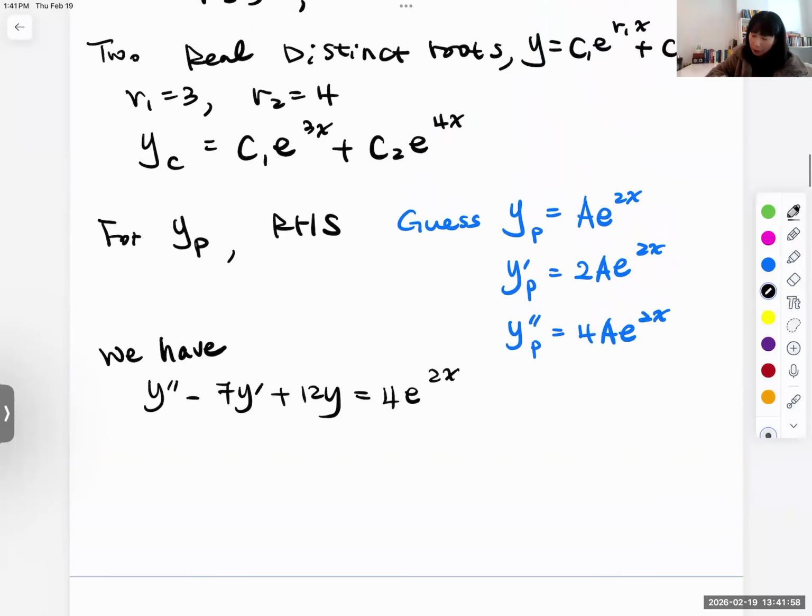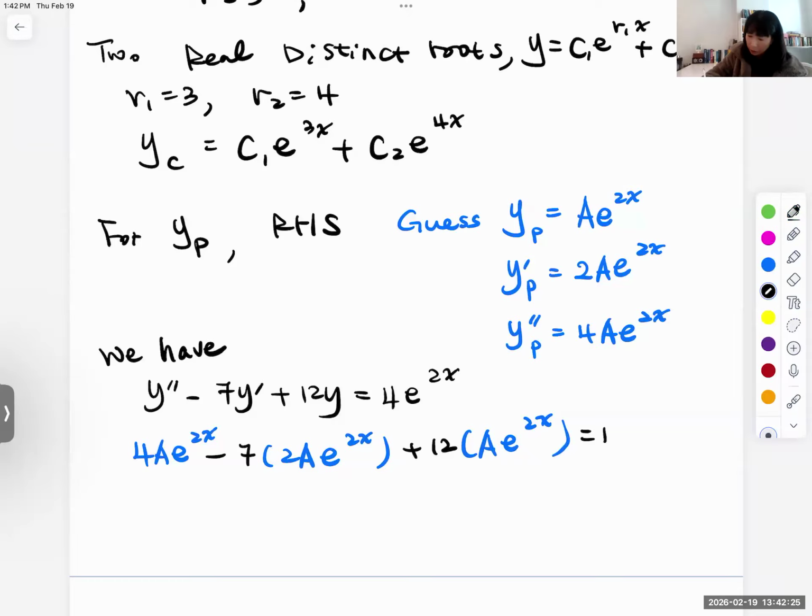Okay, so y double prime we have 4a e to the 2x, minus 7 y prime, 2a e to the 2x, plus 12y, a e to the 2x, equal to 4 e to the 2x, yeah?